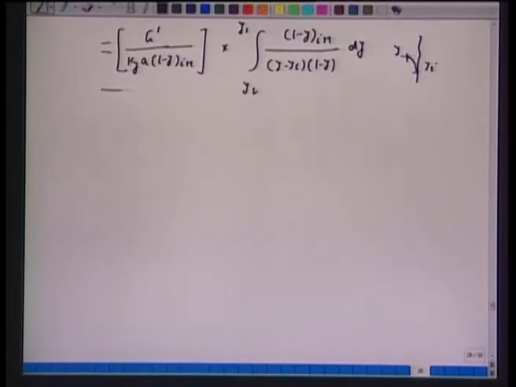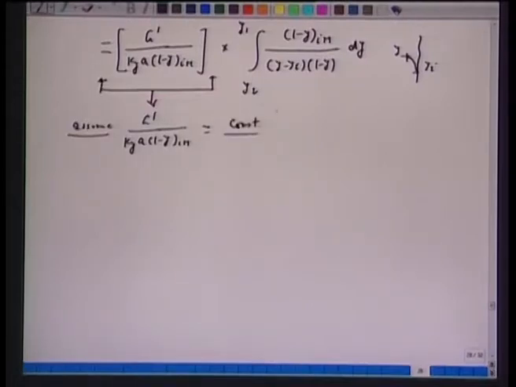The most important thing, make a note here, is that we have taken this quantity outside the integral. So, we assume that this quantity, G prime over Ky a 1 minus y_I m, is more or less constant. That is an experimental observation: it remains constant along the height of this column.